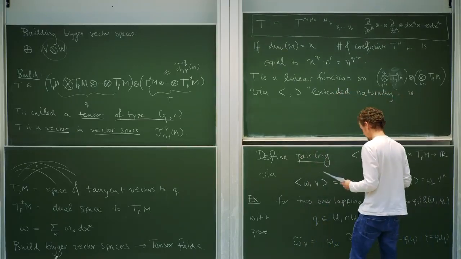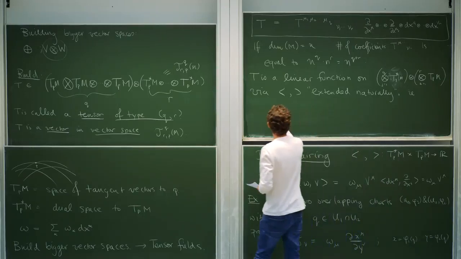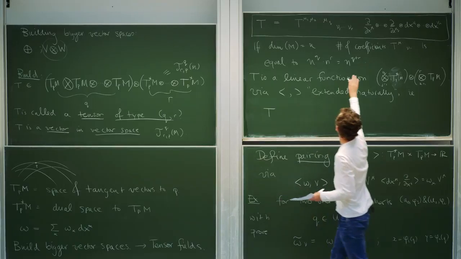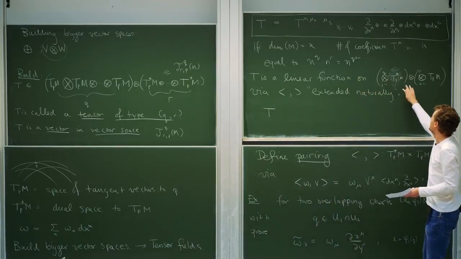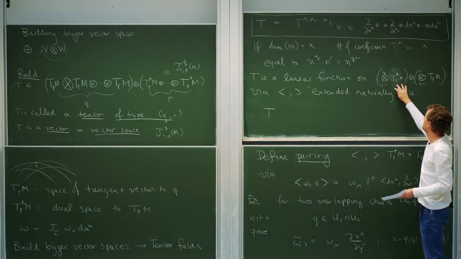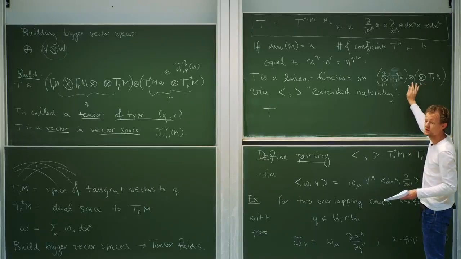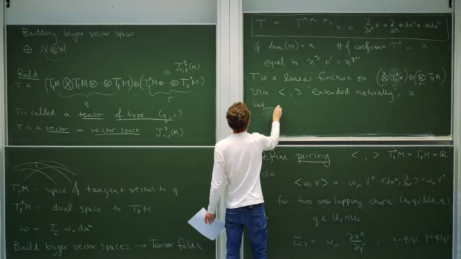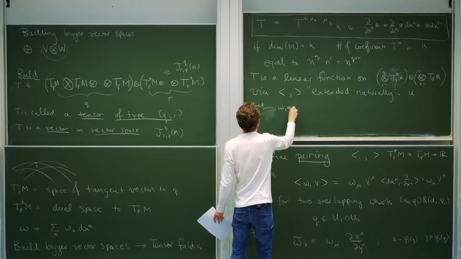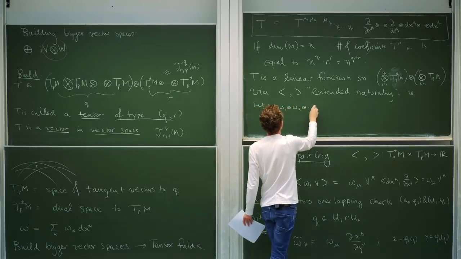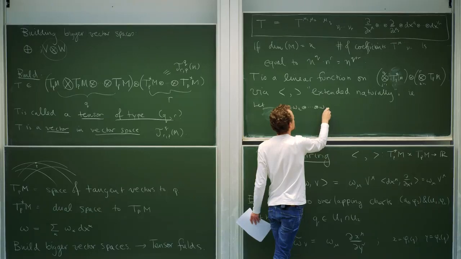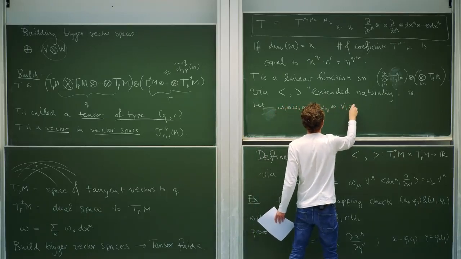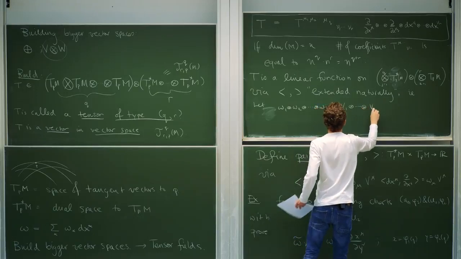In this case, the action on a product element of this vector space here will be defined as follows. Q tensor V1 all the way up to VR.